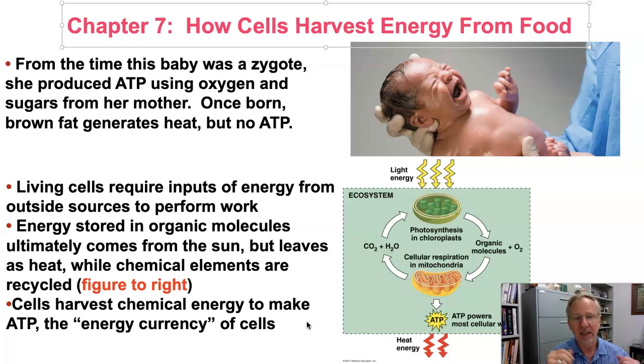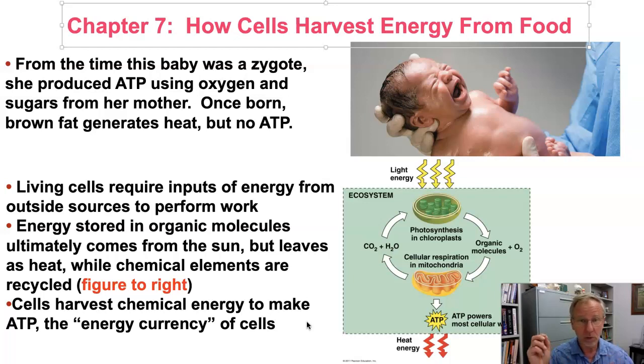That is a molecule that cells use for anything that requires an input of energy, whether it be the movement of the cell, like crawling or swimming with flagella, or inside the cell, building molecules through dehydration synthesis. That takes energy.